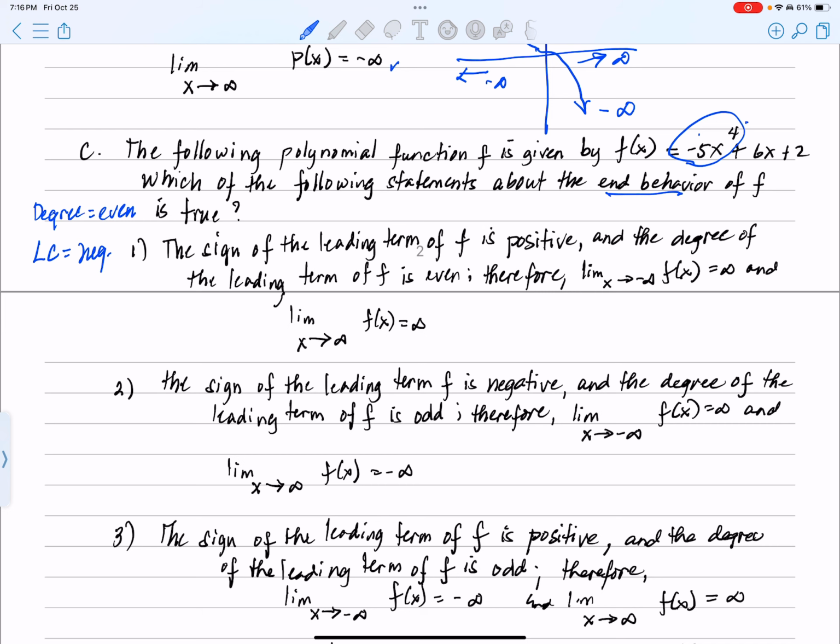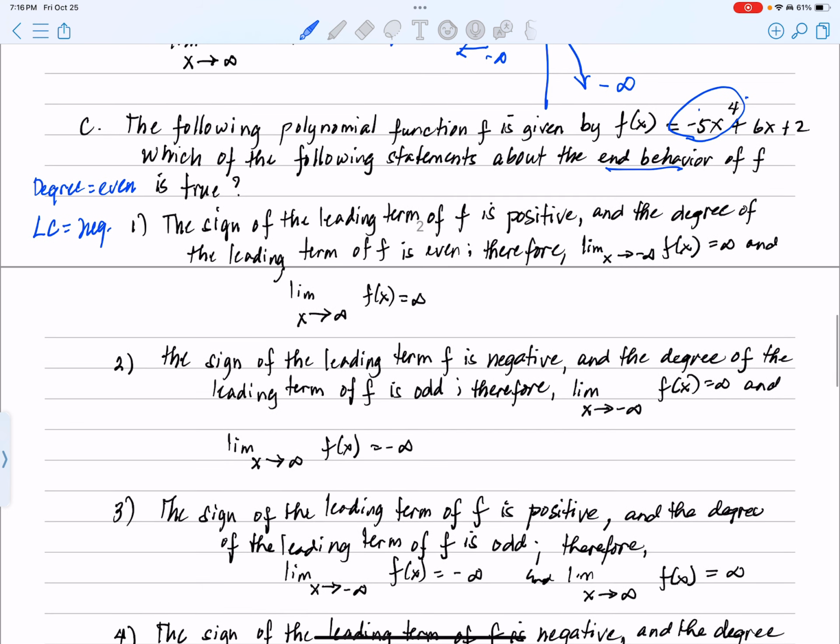That would be your guide to check our choices. That means if I try to make a sketch, even and negative, both ends would face down as it approaches positive infinity and as it approaches negative infinity.